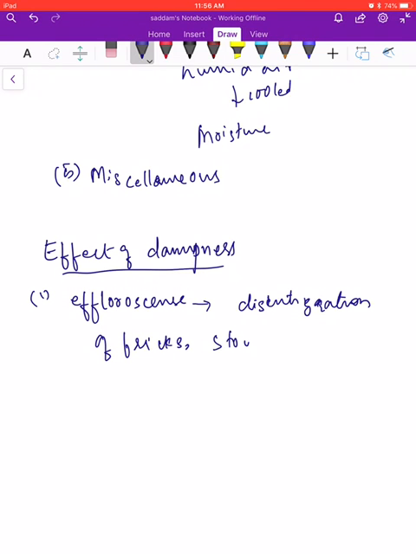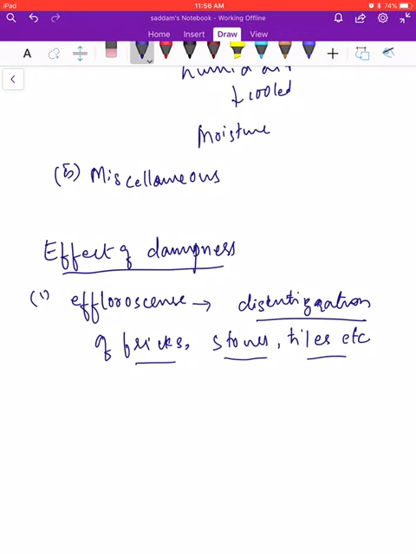Bricks, stone, tiles, etc. If the efflorescence is found, then with passing of time, it disintegrates bricks, stones, tiles, etc. from the structure. Okay, one by one.